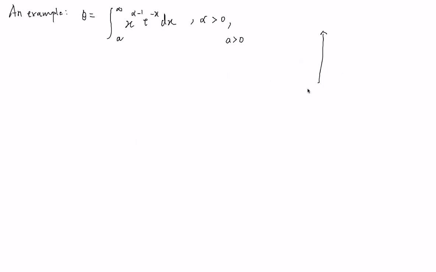Okay. So generally, it is some kind of a curve, right? You look at this part here. So this a here, you're integrating starting from a, right? So it's some curve that maybe looks like this.